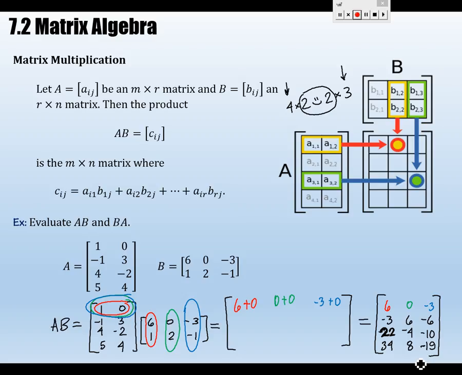The third column, second row should be 0. Third column, second row. It should be -3, 6, 0.